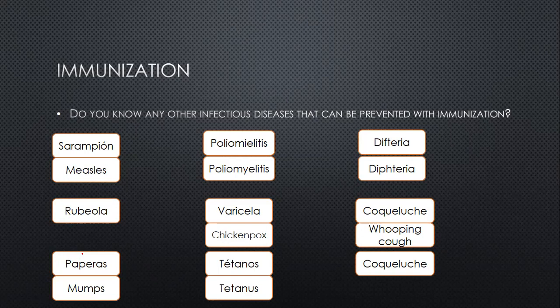Okay, you're going to find out, okay? In Spanish, we have paperas, right? In English, we have mumps. In Spanish, poliomielitis. In English, poliomyelitis. Myelitis, inflammation of nerves, right? Okay, Paula, rubella.